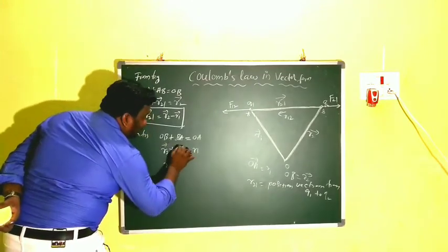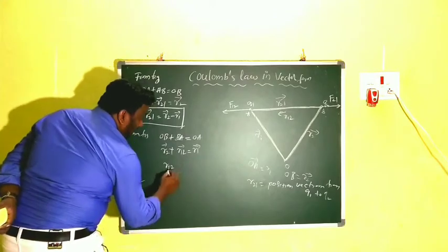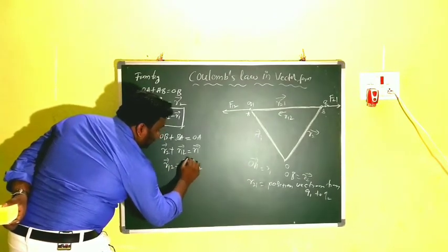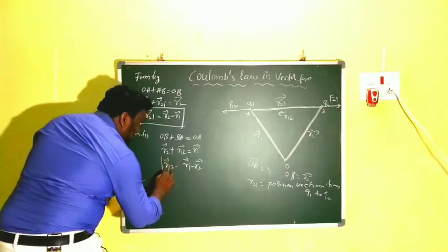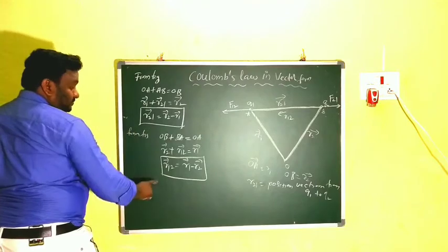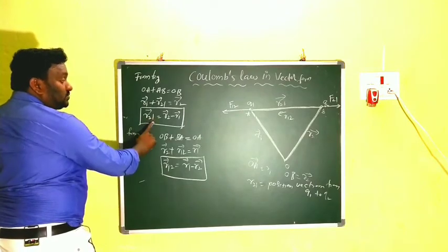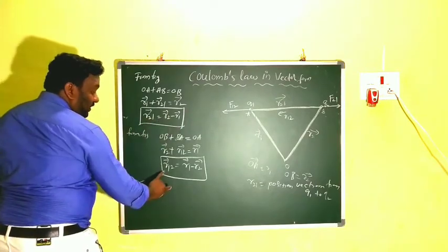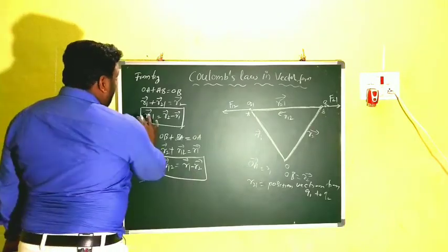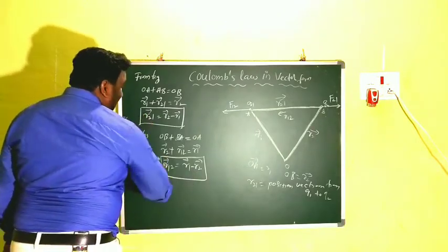All are vectors. Don't forget, everything is a vector. R12 vector is R1 minus R2. Yes, these are the values for R21 and R12. R21 means R2 minus R1. R12 means R1 minus R2. Clear, children?